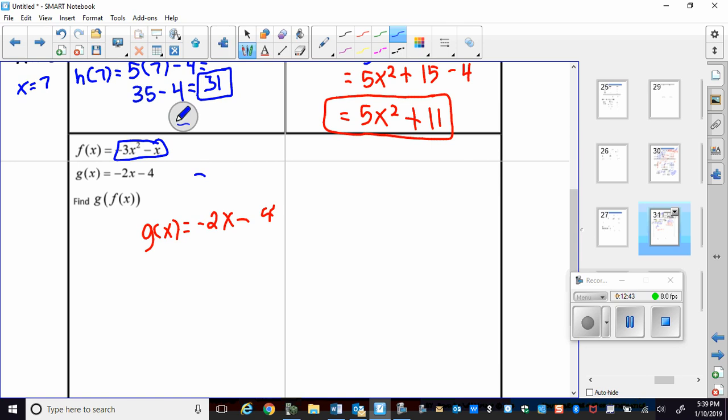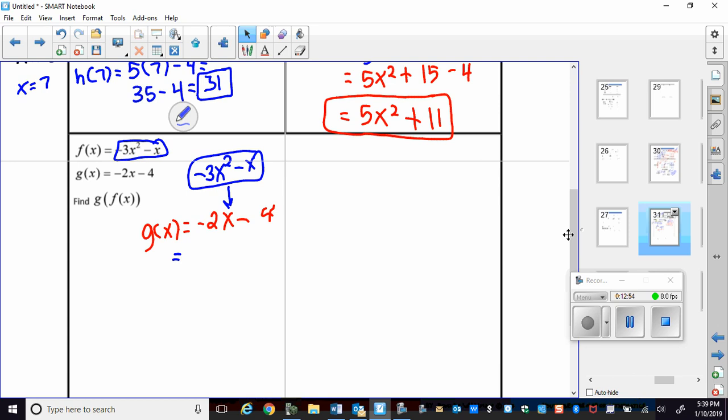So negative 3x squared minus x is going to go into the x value. I have negative 2 parentheses minus 4. Inside, I'm writing negative 3x squared minus x.